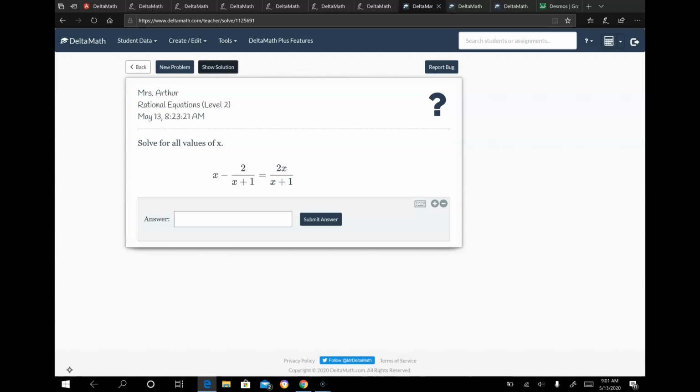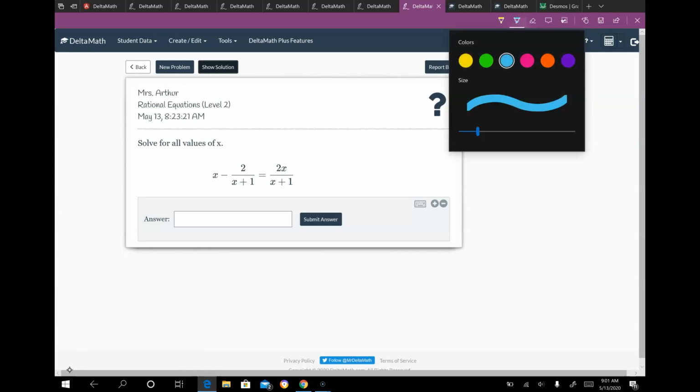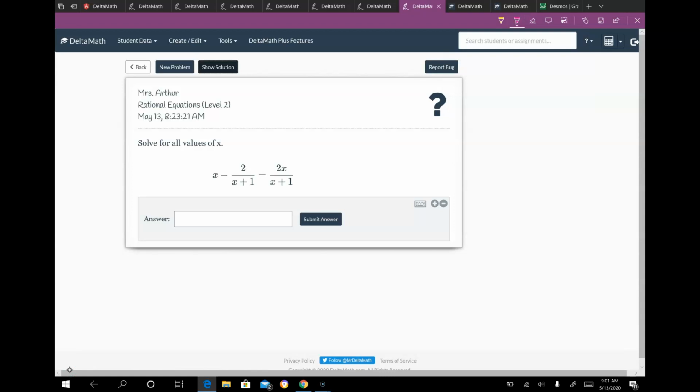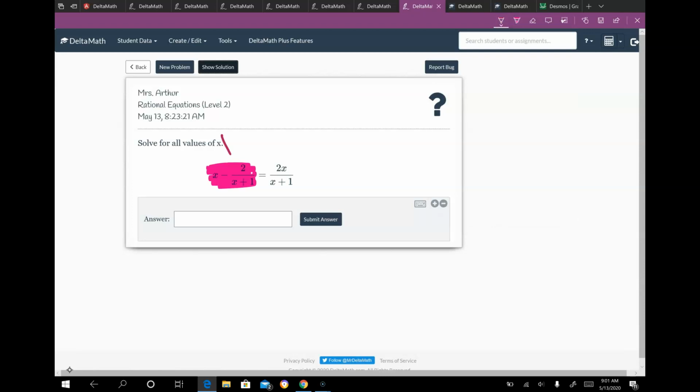So let's do this one in Desmos. We're going to do left-hand side, line 1. That's line 1 right there. And then the right-hand side is going to be your line 2, and you're going to find their intersection.